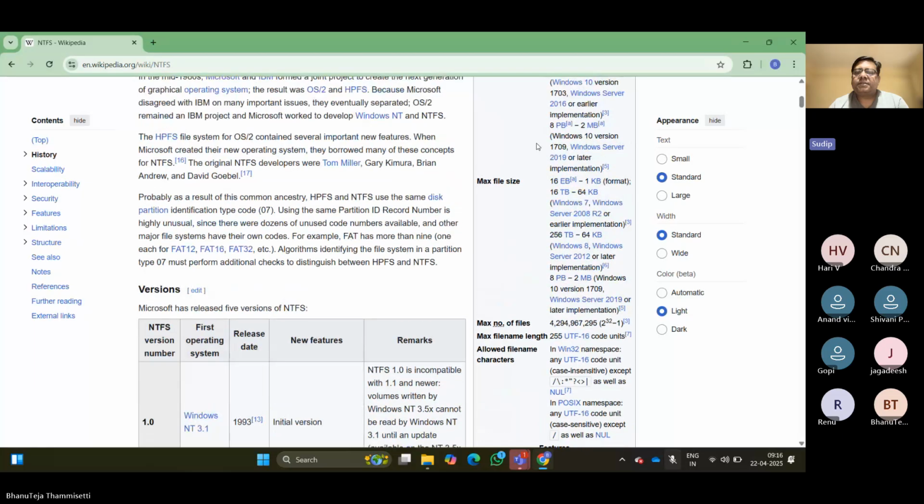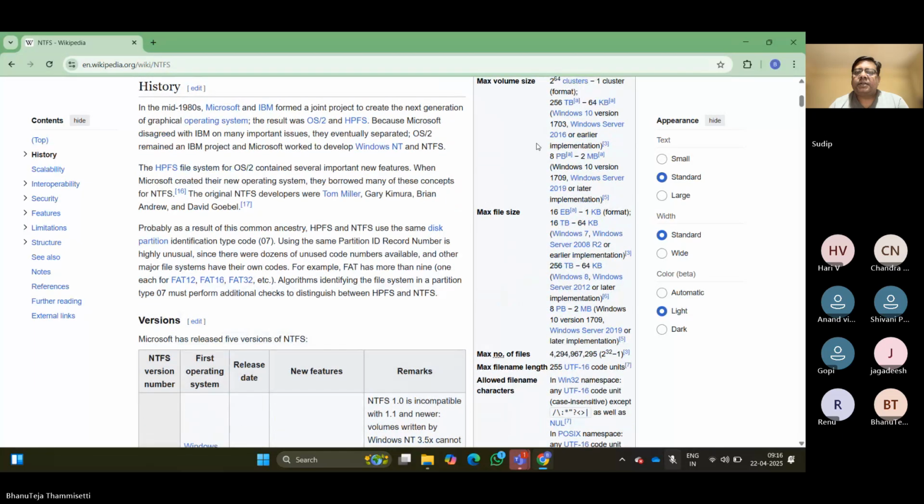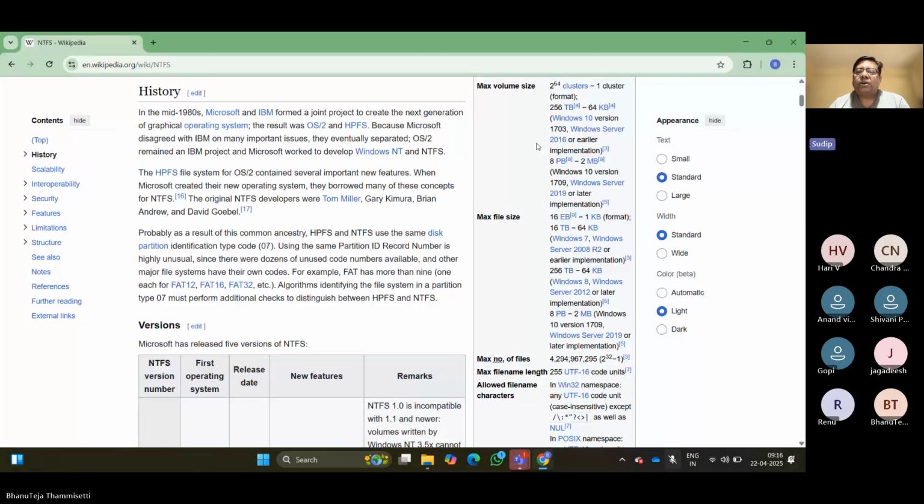Do you see certain things called max volume size, max file size, max number of files, and so on? A file system has this very critical job of keeping track of where which file is being stored on the magnetic platters.